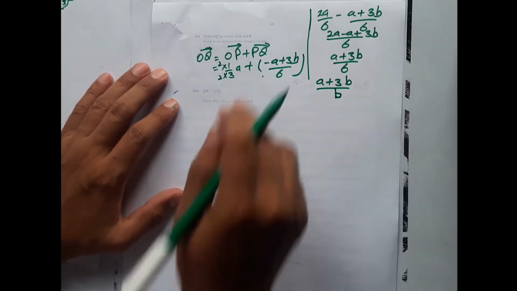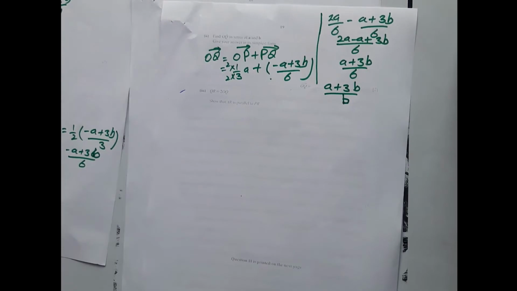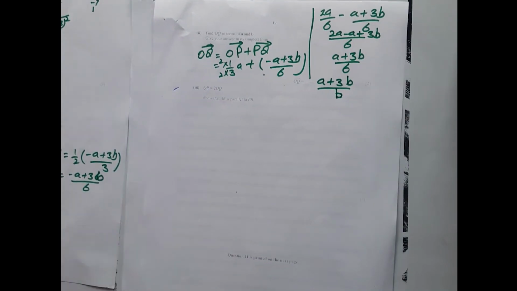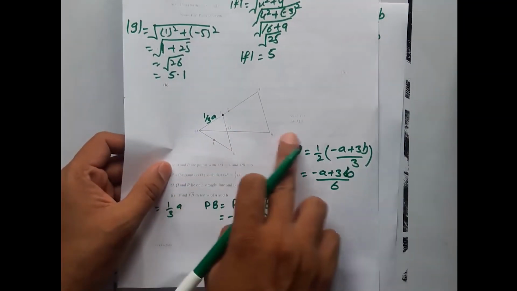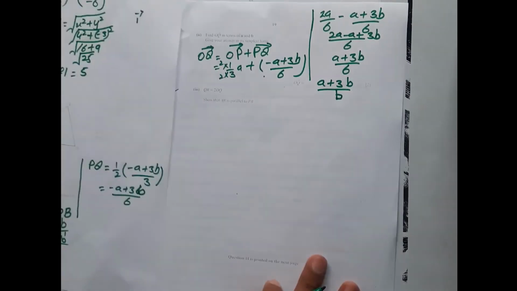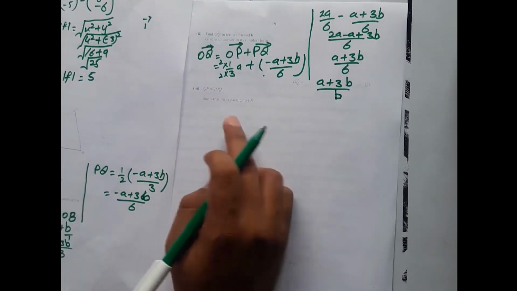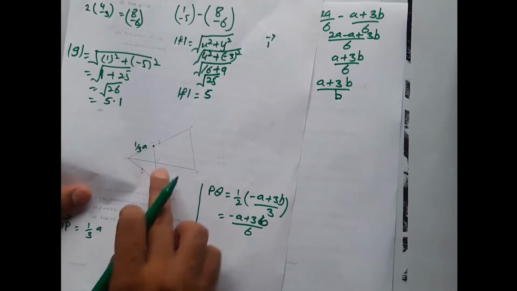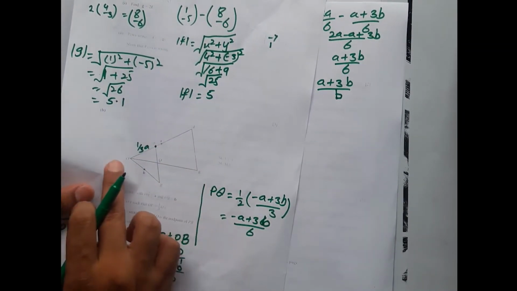Okay, that is OQ. Now we have to prove QR is equal to 2 times OQ. This is QR. Show that AR is parallel to PQ. First we will find QR.